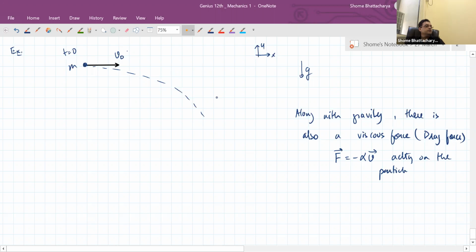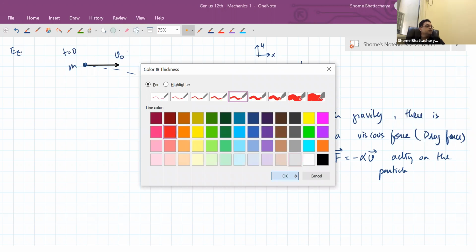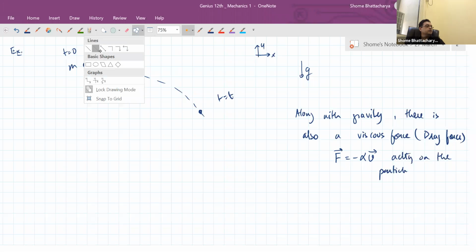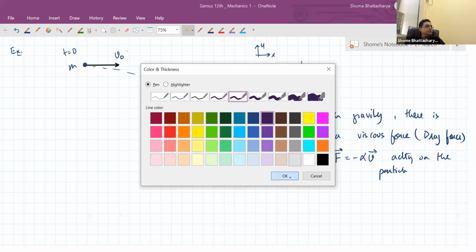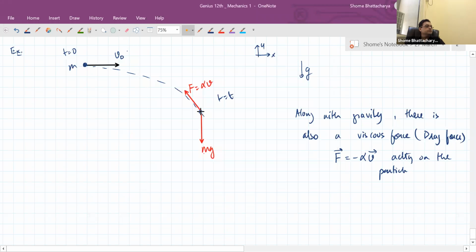So at any instant of time, if the particle is here, there are two forces acting on it: viscous force and gravitational force. Alpha V in magnitude, but in direction, you can see it is opposite to the velocity. Like this.